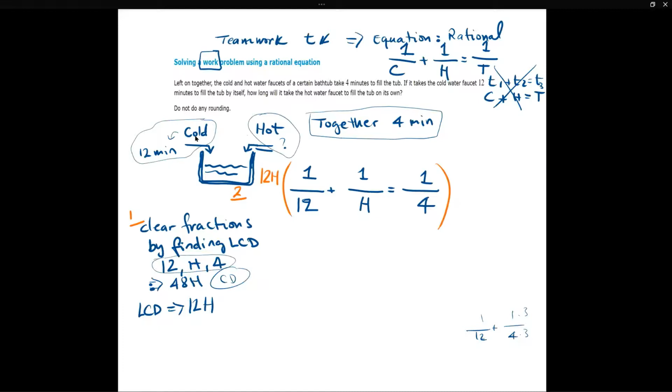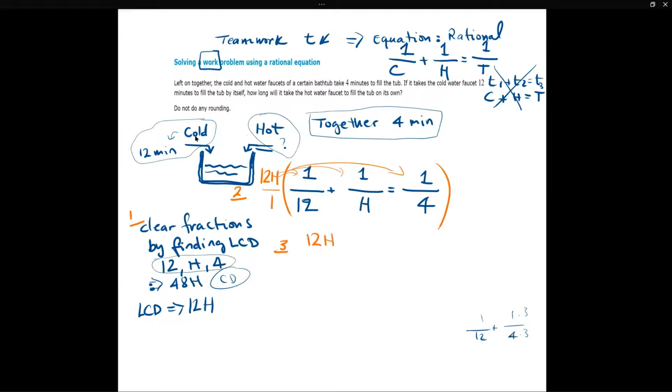Step 2 is to multiply the whole equation by the LCD. 12H times the whole thing. This way you don't affect it, you don't change it. What does it mean to multiply all that? So this is 12H over 1, which means 12H is multiplied by the numerators and not the denominators.